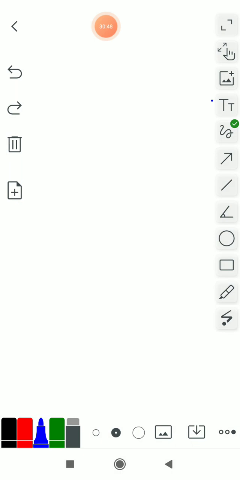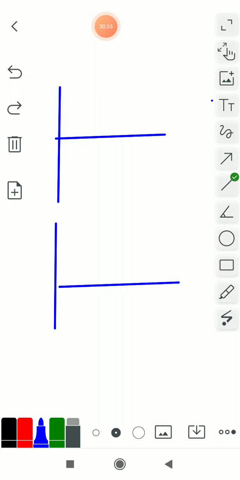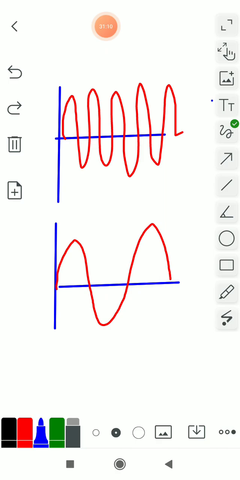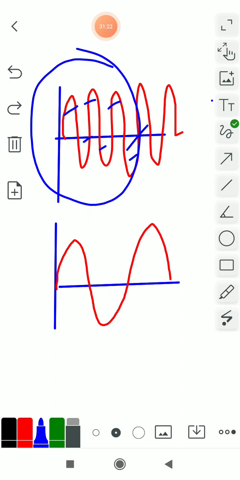See, this is one graph, and this is another graph. Now listen carefully. When a girl says something, her pitch, meaning the frequency of her sound, is more. But when a boy says the same thing, see, in 1 second, 1, 2, 3, the girl's wave captures 3 cycles.